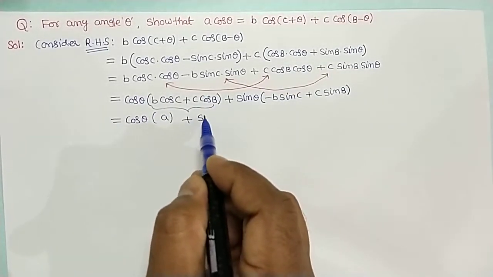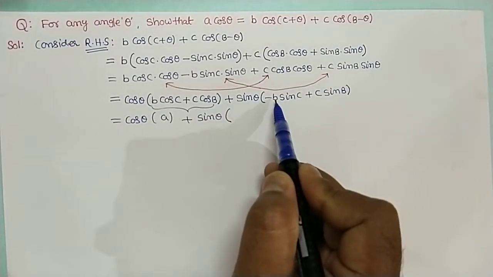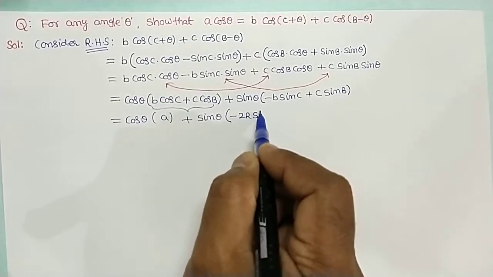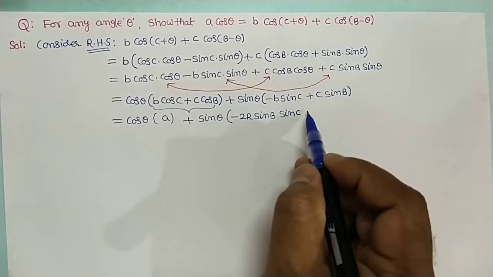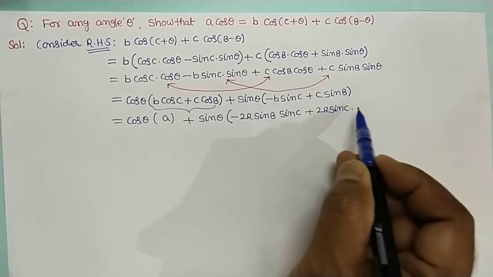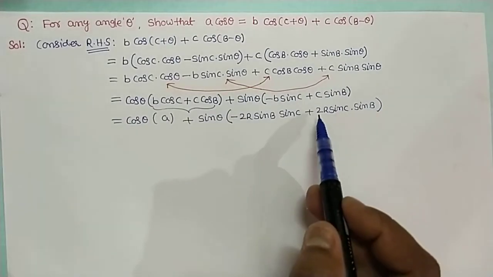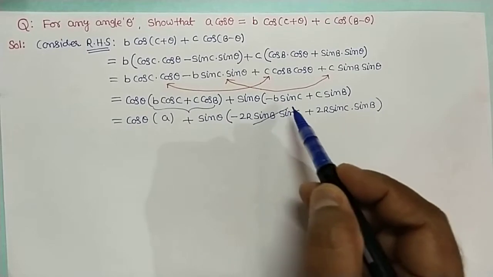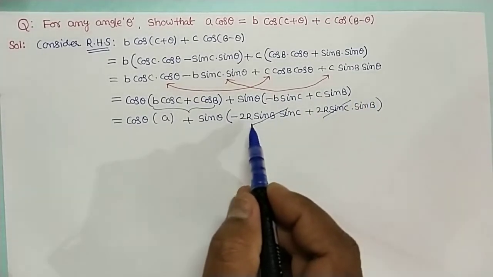plus sin theta into, by using sin rule, b equals 2R sin B. So minus 2R sin B into sin C plus, in place of small c, 2R sin C from sin rule into sin B. Observe both the bracket values: 2R sin B sin C minus 2R sin B sin C. Both will be cancelled, which means 0. 0 into anything is 0.